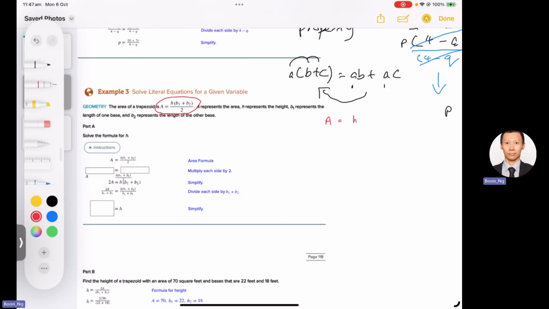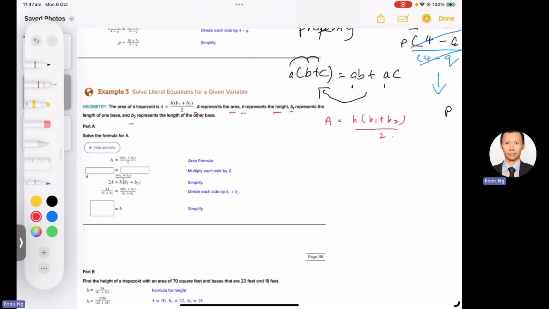A equal H times B1 plus B2 over 2. A represents area, H represents height, B1 and B2 are the two bases.